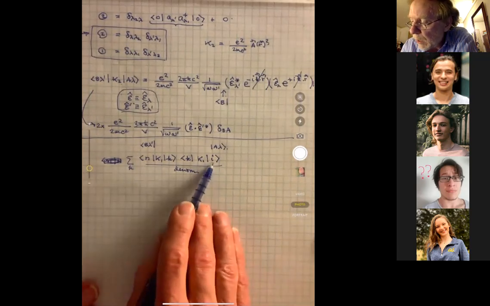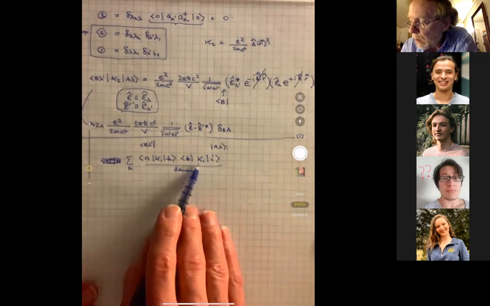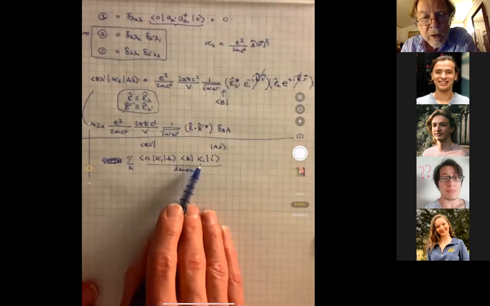However, the initial state I only contains one photon. And the K1 operator, you recall it goes like P dot A. So it's just got one copy of the vector potential in it. And so it's got only one creation or annihilation operator, one or the other. And therefore K1 is capable of either increasing or decreasing the number of photons by one, but that's all it can do.